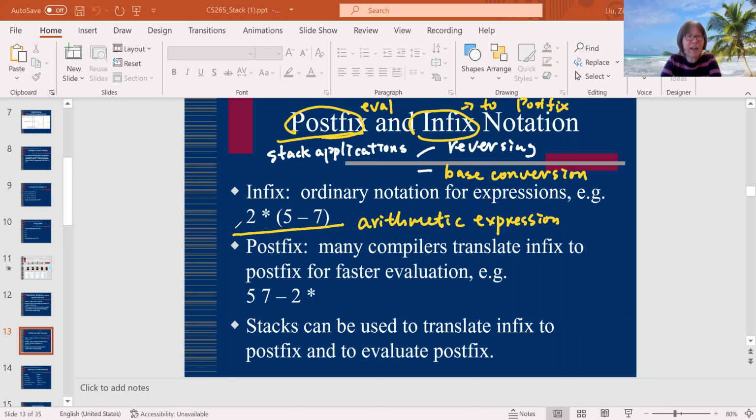We all understand very well. And we also use parentheses to set the precedence of operators. So parentheses can override the operator precedence. Okay, so that's regular.